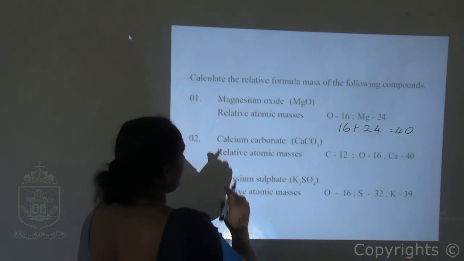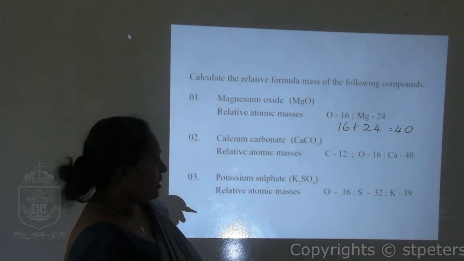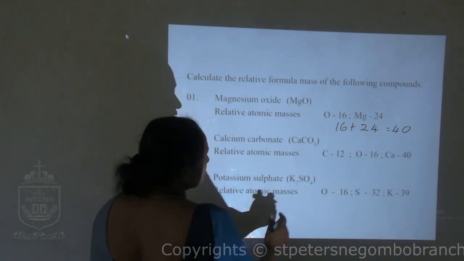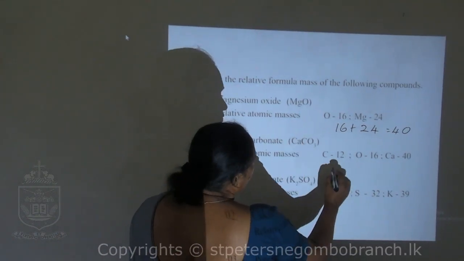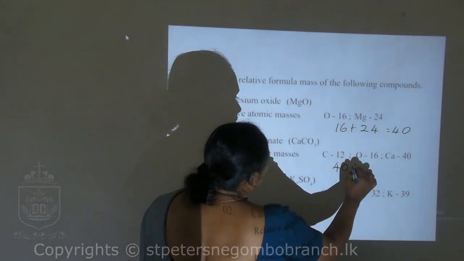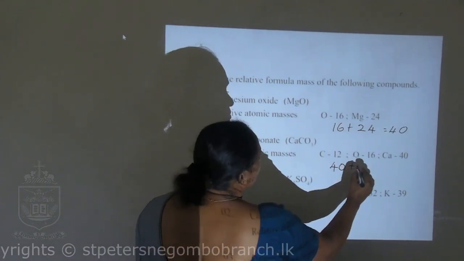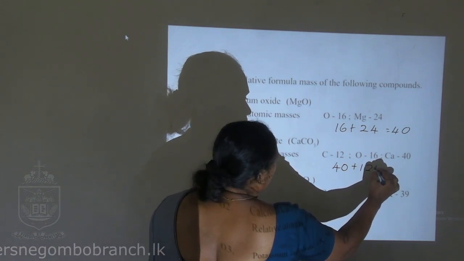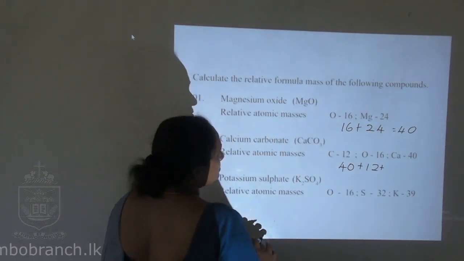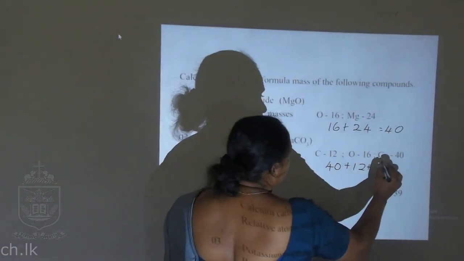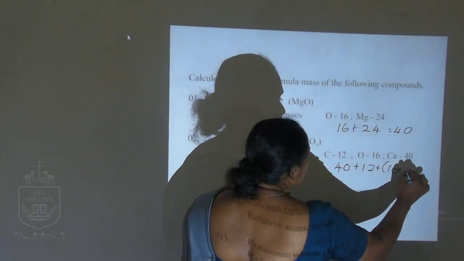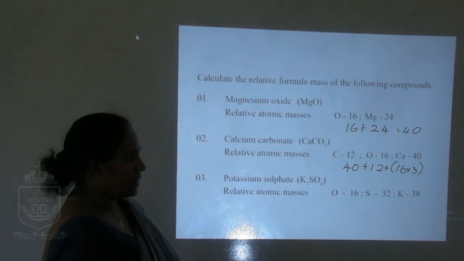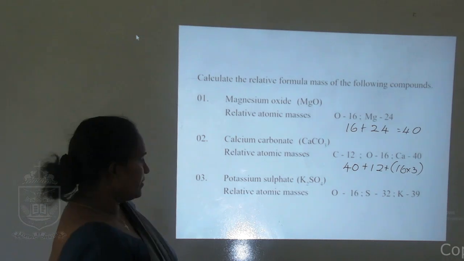Then we will see calcium carbonate. To find the relative formula mass of calcium carbonate: calcium 40 plus carbon, only one atom, 12, and here oxygen 3, 16 times 3. Multiply all these and add them to get the answer.